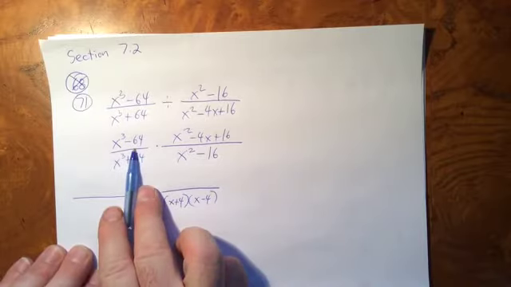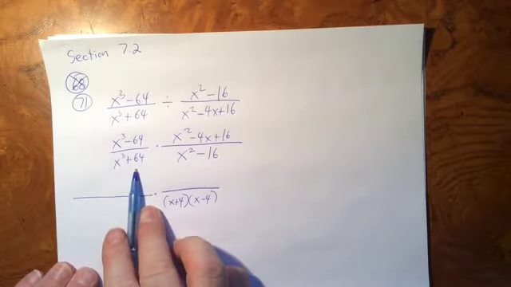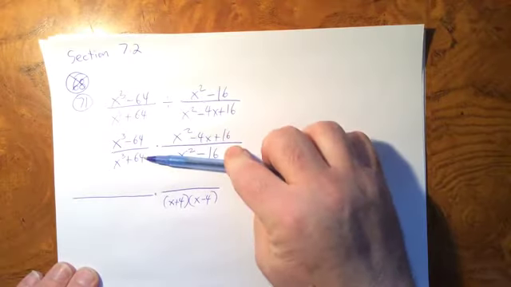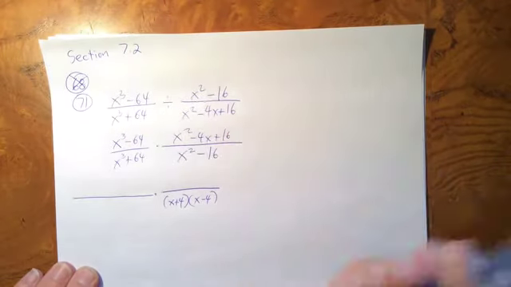So we have x to the third minus 64, x to the third plus 64. This is the difference of perfect cubes. This is the sum of perfect cubes.